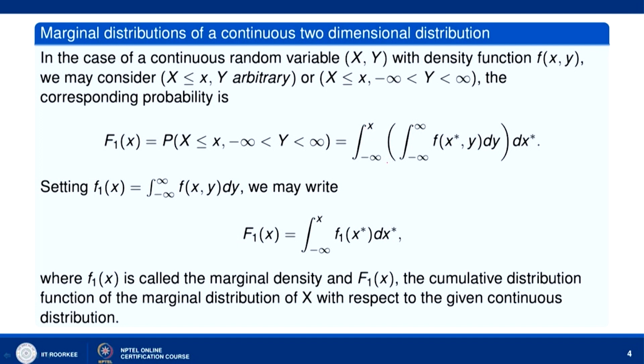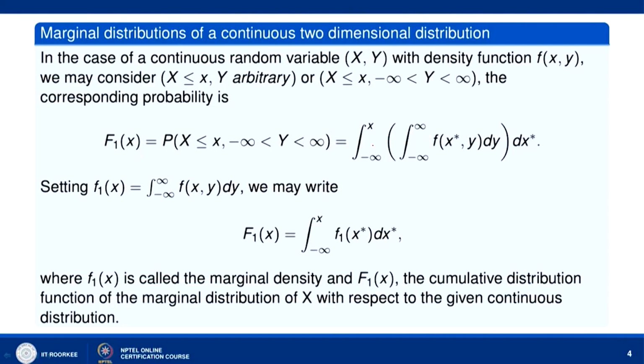This is the integral over minus infinity to x, of the integral over minus infinity to infinity of f(x star, y) dy dx star. This is the cumulative distribution function of X with respect to the joint distribution (X,Y). Here the integral over minus infinity to infinity of f(x,y) dy is f1(x), which is the marginal density function of X with respect to the joint distribution.